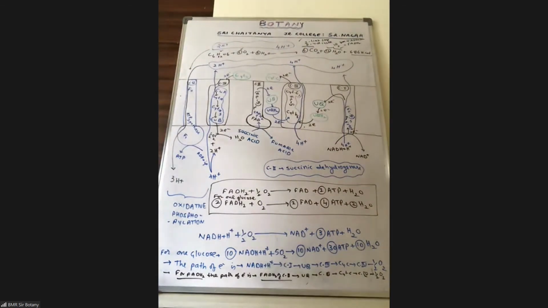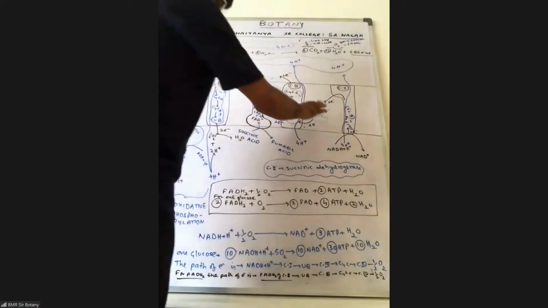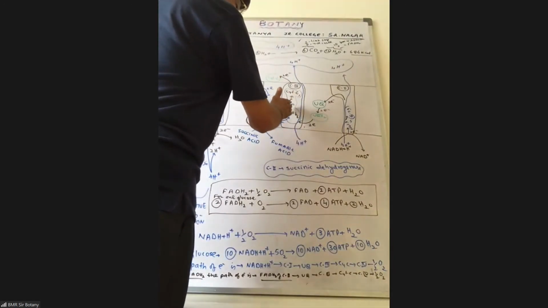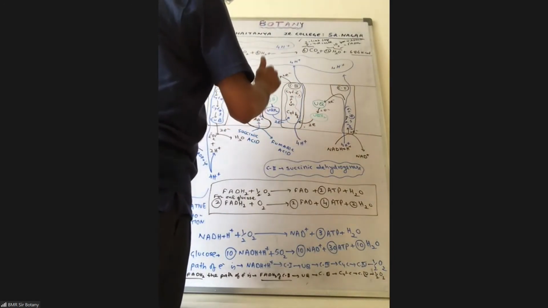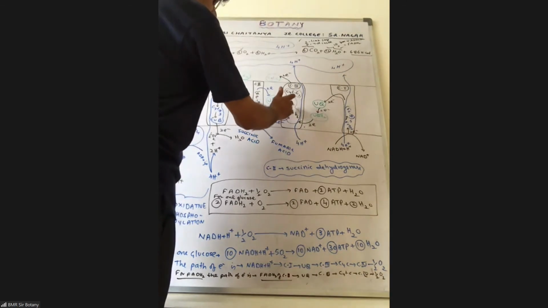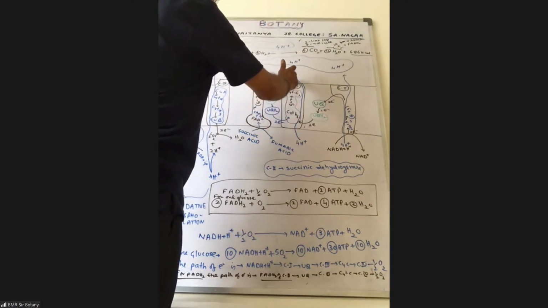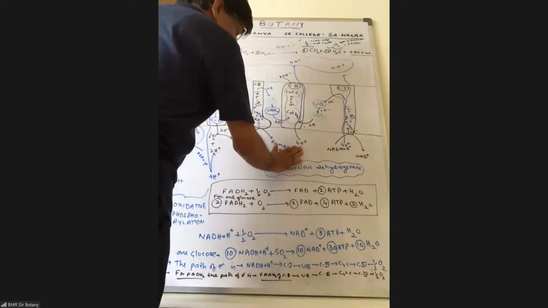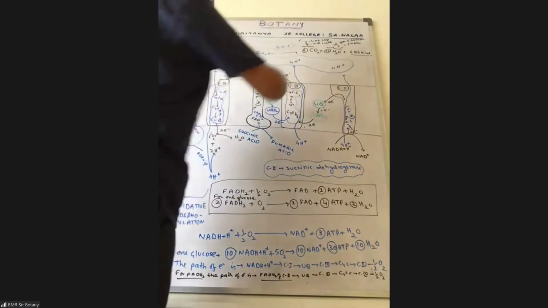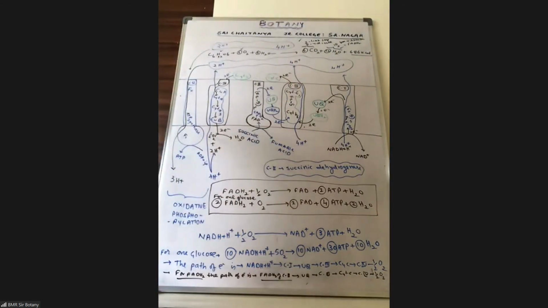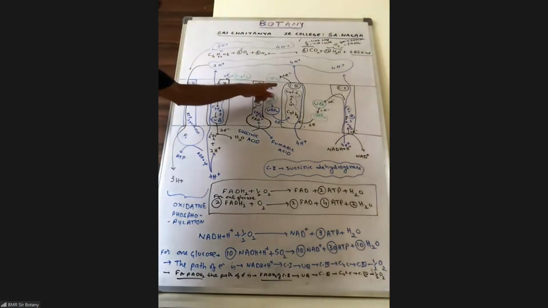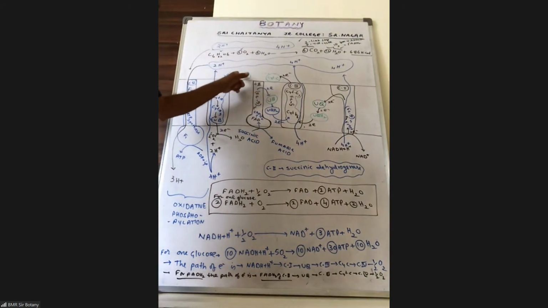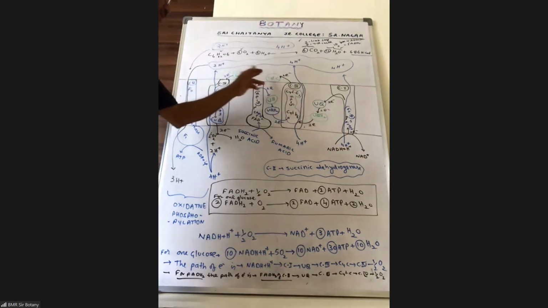Then electrons from ubiquinone are passed on to complex 3. When these electrons pass through different components of complex 3, it will pump 4 more protons from stroma to intermembrane space. The electrons are accepted by cytochrome C, which is a mobile carrier. Like ubiquinone, this is also mobile.